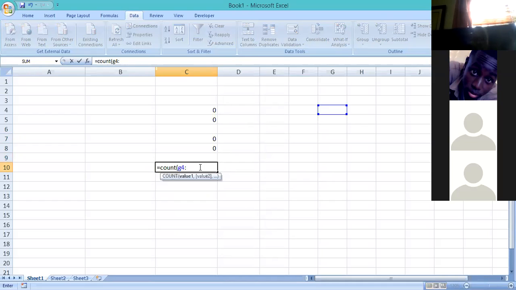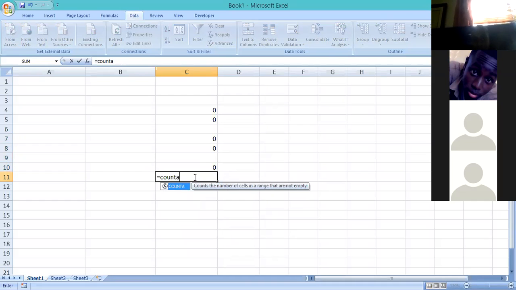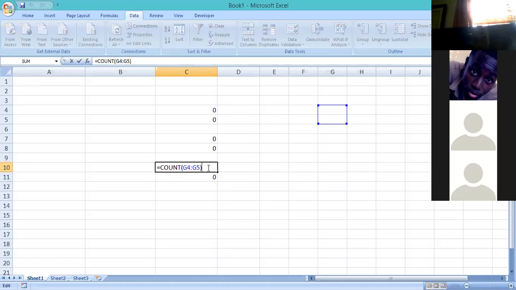But we use count when we're counting numbers, and what do we use when we're counting words? Anybody remember? Count A. So we use count if it's numbers. If we're counting numbers, we use equal count. Say the cell has only numbers in there, right? Oh, but I could actually count these right here.